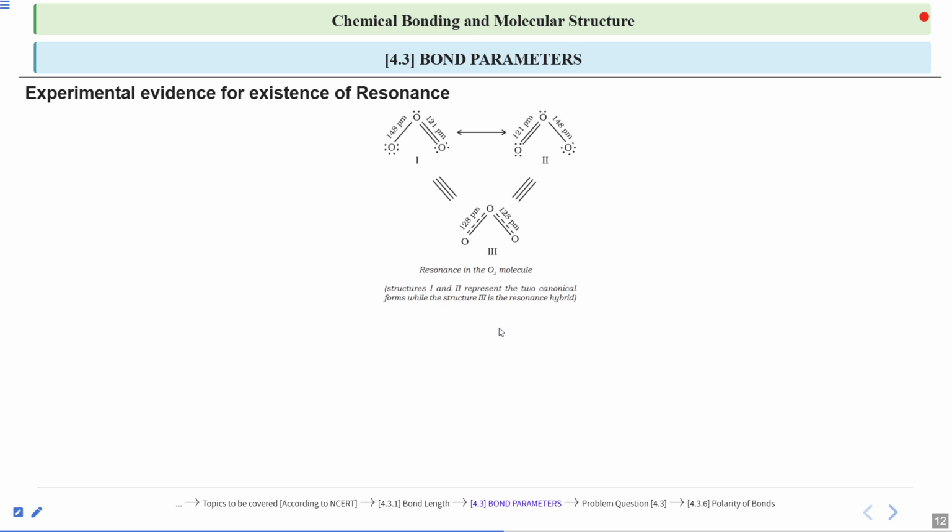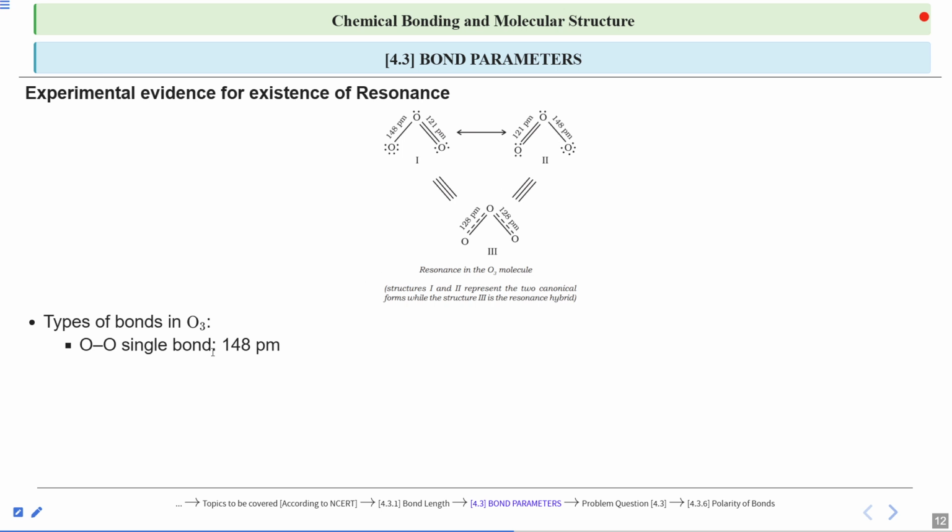Three things are very important here. First, if you look at structures 1 and 2, two types of bonds are possible in the case of O3. What are those bonds? The first is the single O–O bond. You can see in structure 1 that there is a single O–O bond. In structure 2 also there is a single O–O bond.